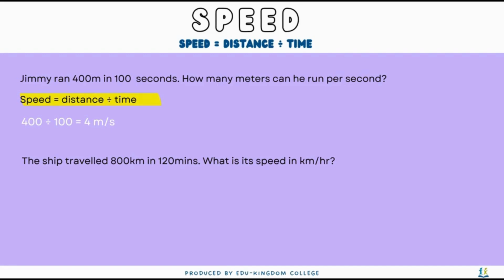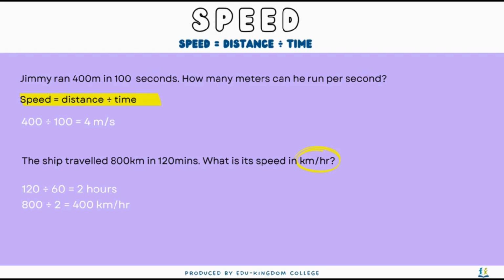Question 2. The ship traveled 800 kilometers in 120 minutes. What is the speed in kilometers per hour? We can see we were given a distance and a time. But there's a very important note that it is asking in kilometers per hour. We can see that the time unit we were given is actually minutes instead of hours.